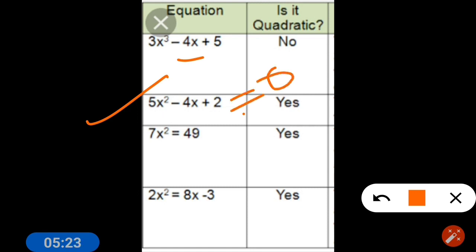If I put it equal to 0, it will be a quadratic equation. But in this case, it is quadratic, yes.